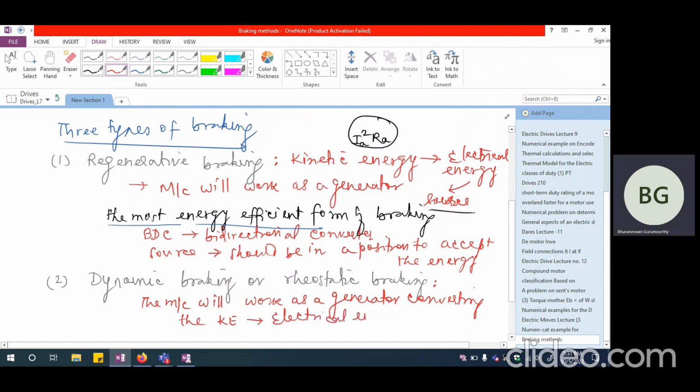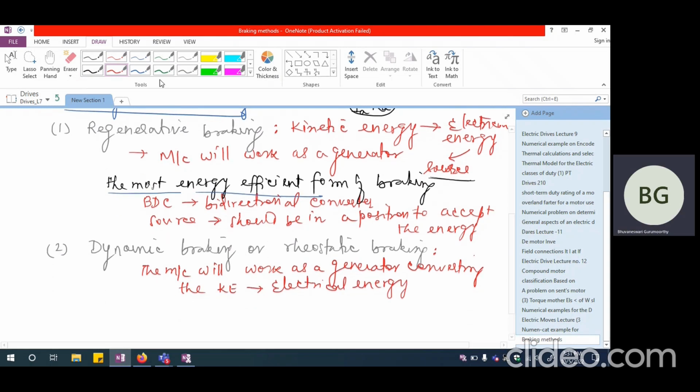But this particular electricity is going to be dissipated in an external resistance.